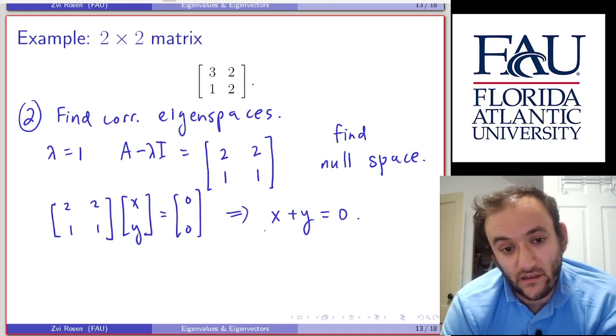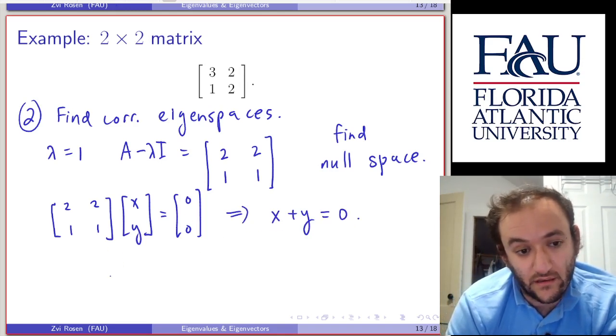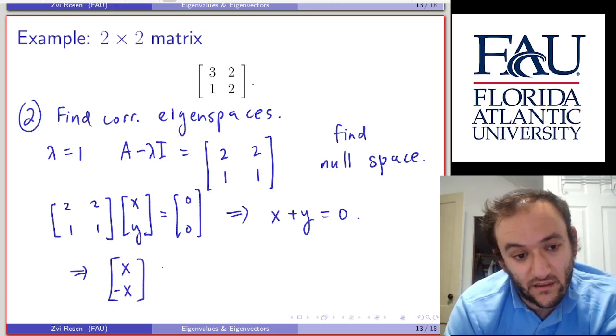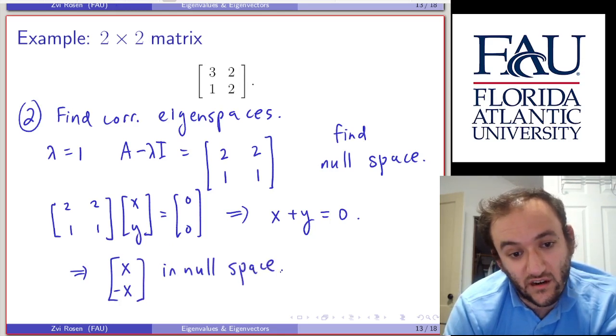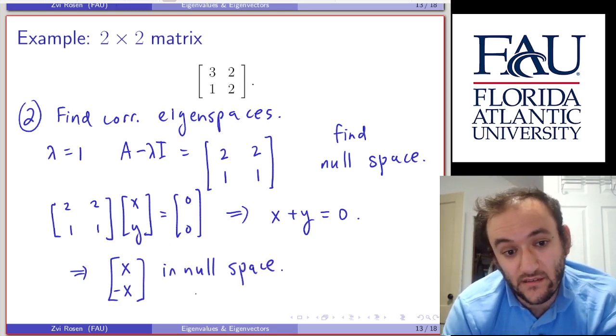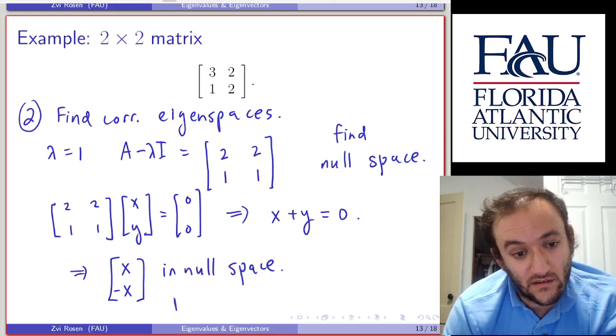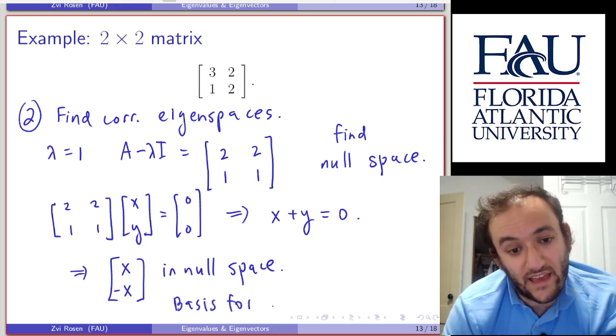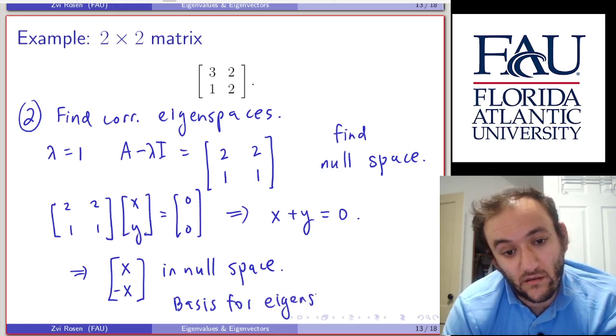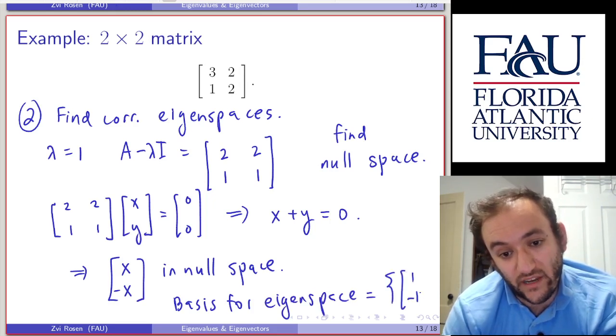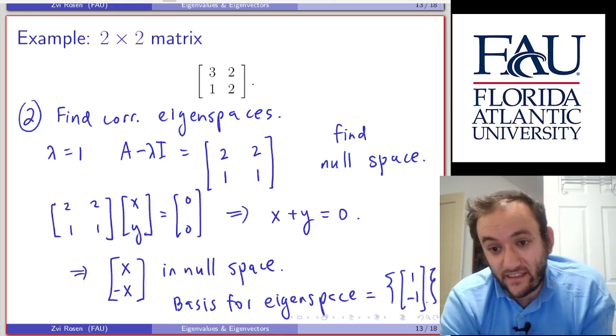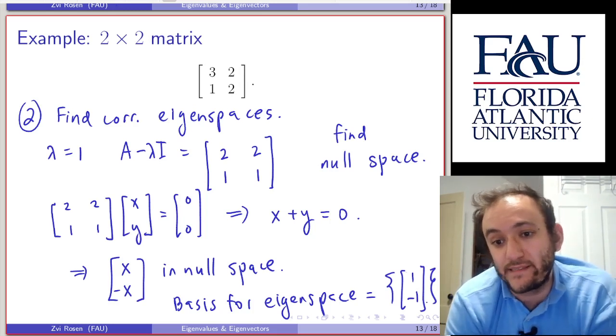So any vector of this form will look like x and minus x, which is in the null space. And in particular, a basis for the eigenspace would be just the vector 1, minus 1, because scaling that vector gives you anything of the form x, minus x.